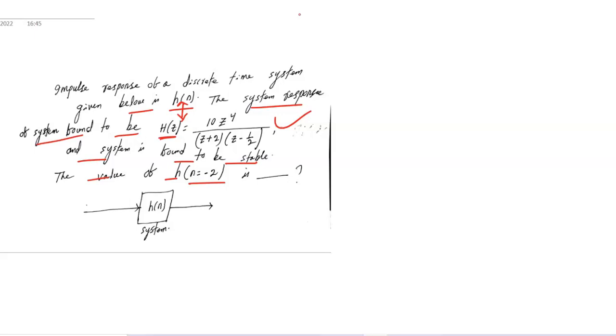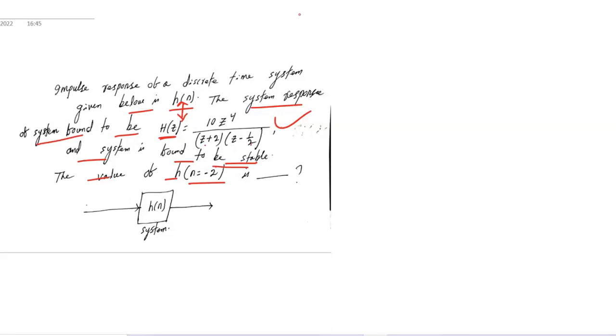Sometimes you may say that the ROC has not been given here directly, but ROC has been given. The system is stable. You know from the basics of Z transform, for a stable system, the ROC must include the unit circle. So there are two poles here.